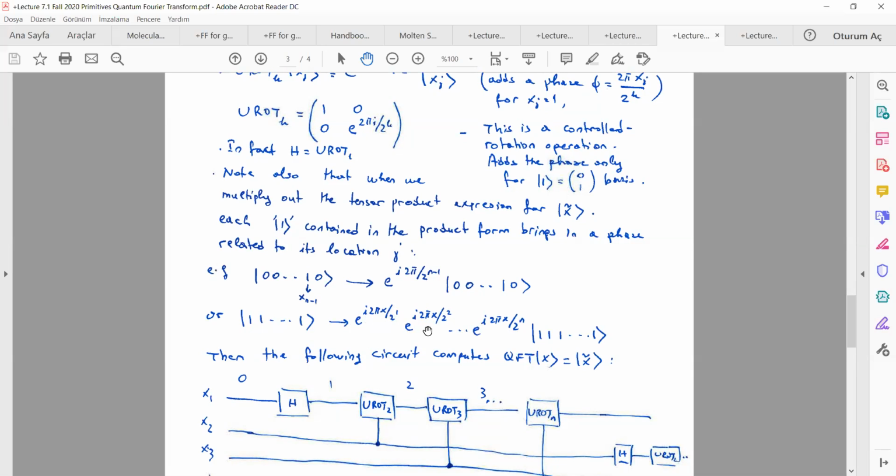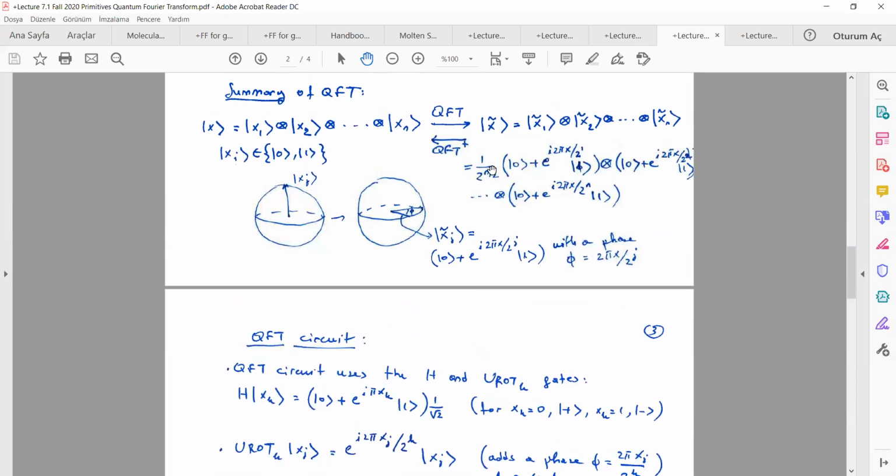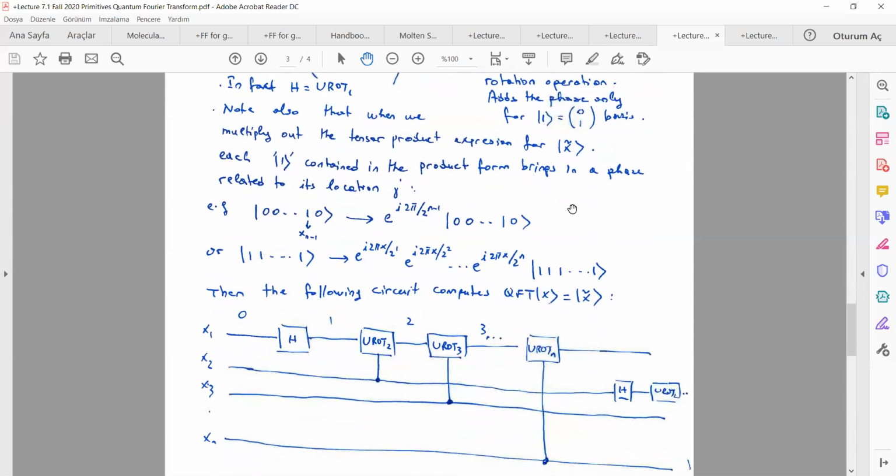And for the second one, a phase e to the i 2 pi x over 2 squared. And then up to the last one, e to the i 2 pi x over 2 to the n. So each ket1 state in the input introduces a phase like this. But the zeros don't introduce a phase, because when you multiply out this tensor product of the quantum Fourier transform, you don't have any phases in front of the zeros. But for the ket1 terms, there's always a phase factor. So this is where we get these phase factors from.